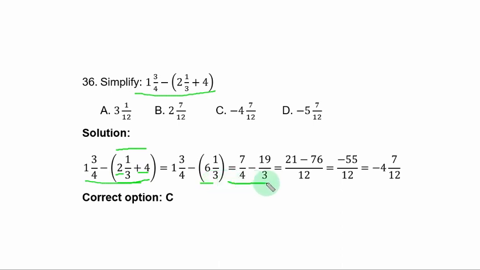You have this result. The LCM is 12. If you divide 12 by 4, you have 3. 3 times 7 is 21. Divide 12 by 3, you have 4 times 19, you have 76. If you subtract, you have this result. Convert to mixed fraction, you have this. C is the correct option.